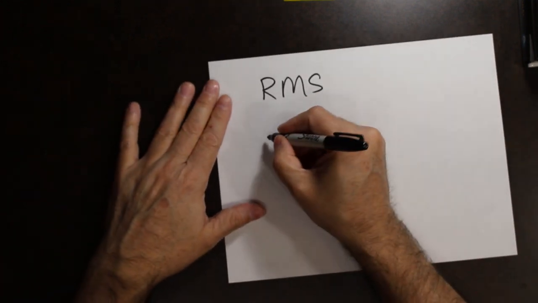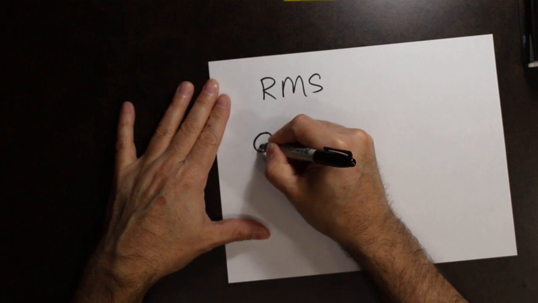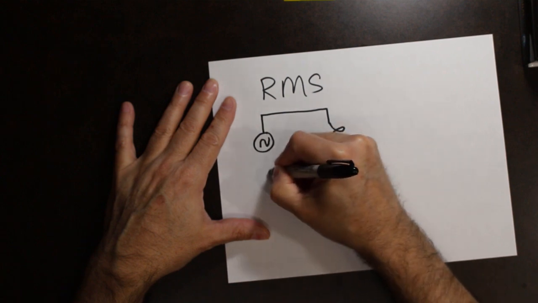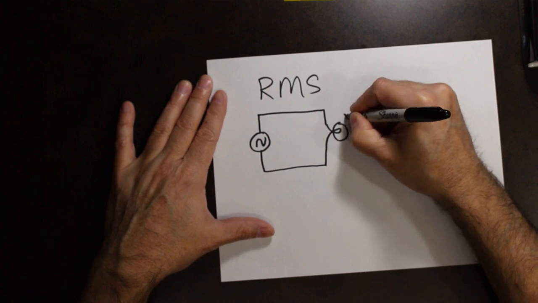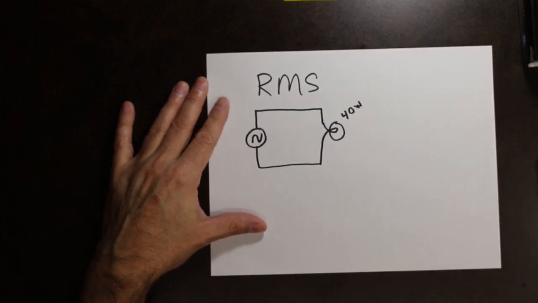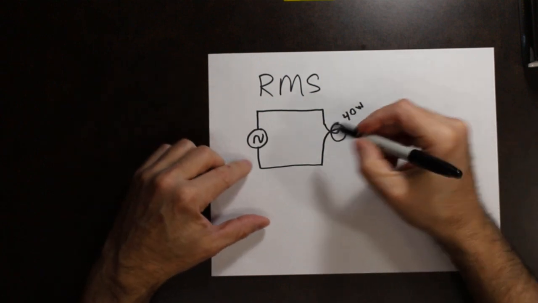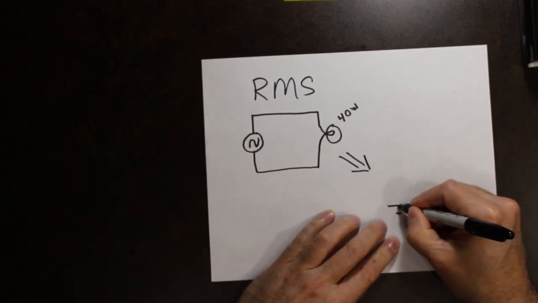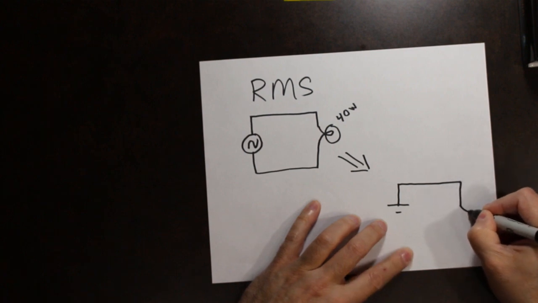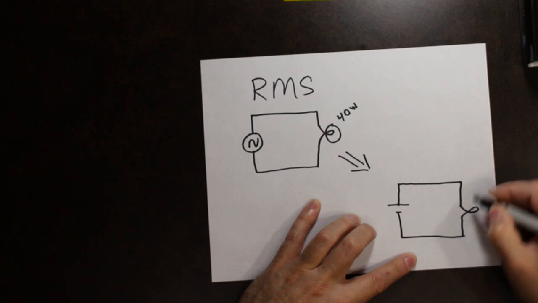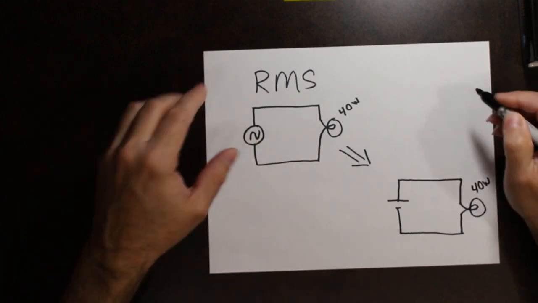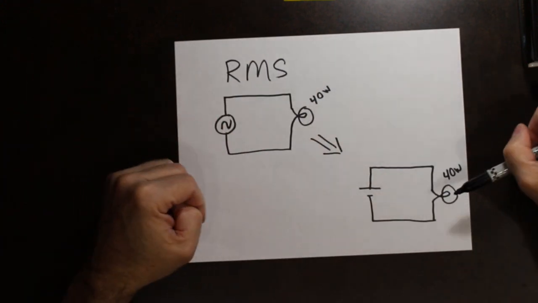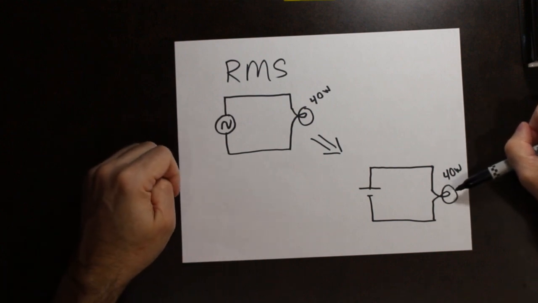Well, if I was to take an AC waveform and put it into a light bulb, let's say this is a 40-watt light bulb, and I want to compare that to a DC circuit on the same light bulb, so if I want the 40-watt light bulb to get a certain brilliance, and I want the exact same brilliance coming out of this light bulb in the DC world.